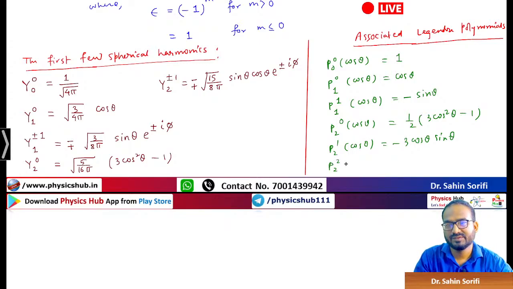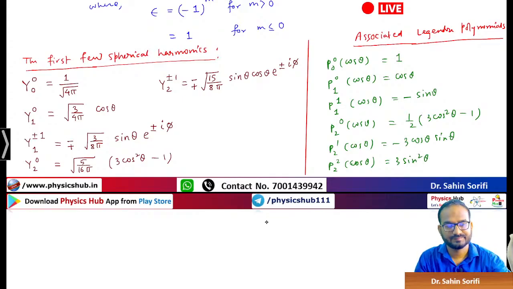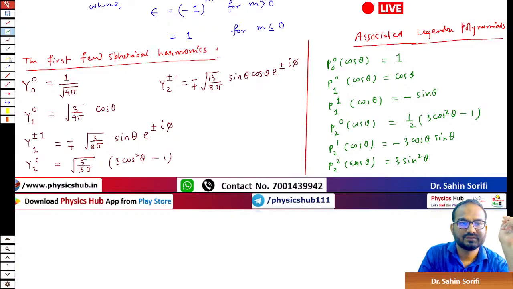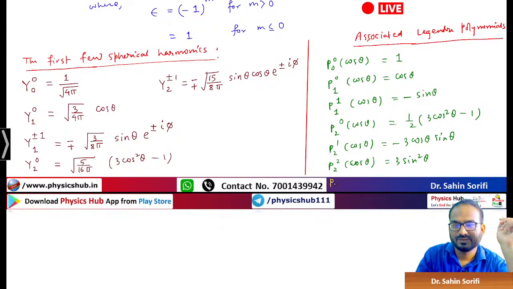In future it may be useful, but even if you don't remember, that will not affect you in any way. 3 sin square theta. One last, where do I write? Here I am writing P 3 0 cos theta equal to half into (5 cos cube theta minus 3 cos theta).